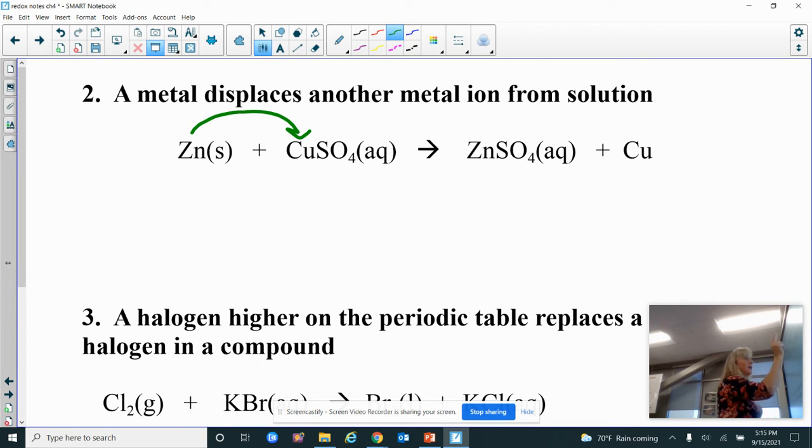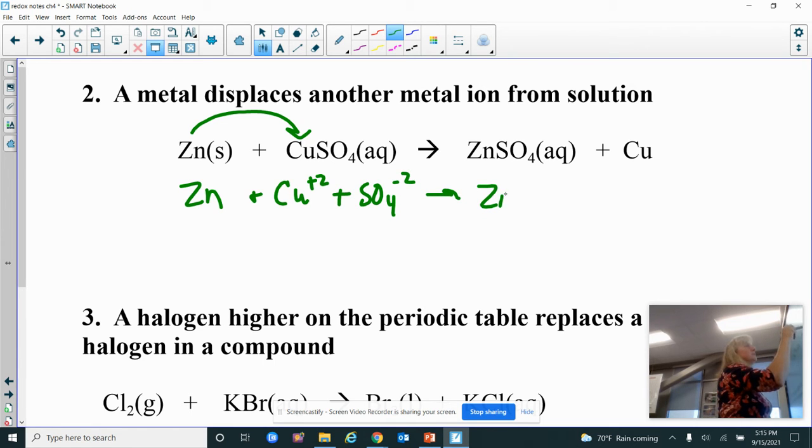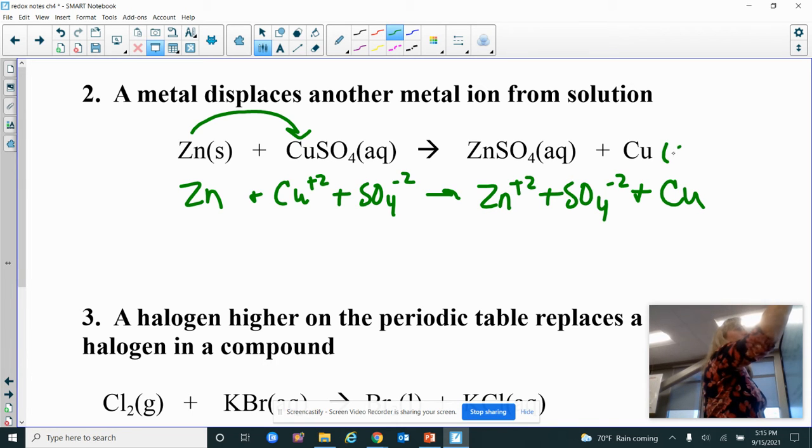But when you see aqueous, you have to break apart the ions. So zinc solid doesn't change, but the copper sulfate is copper plus 2 plus SO4 minus 2. And over here, aqueous. So it's really zinc plus 2 and sulfate minus 2. And then we have copper solid. It didn't say, but it would be a solid. So what cancels is the sulfate ions.